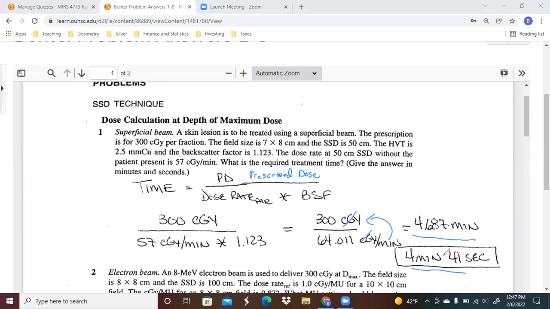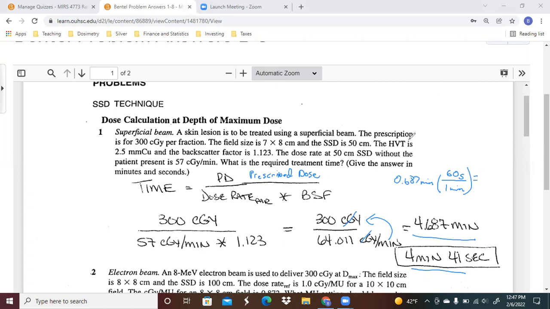If you were to change this into seconds, obviously you've got 0.687 of a minute, and 1 minute is equal to 60 seconds.